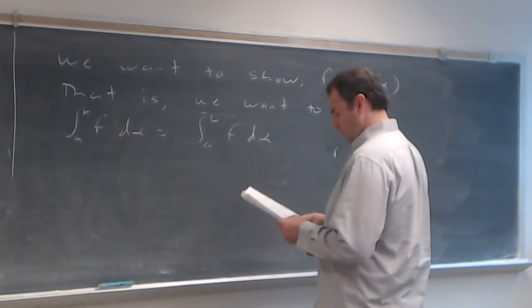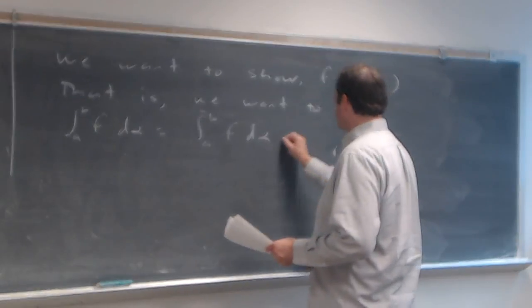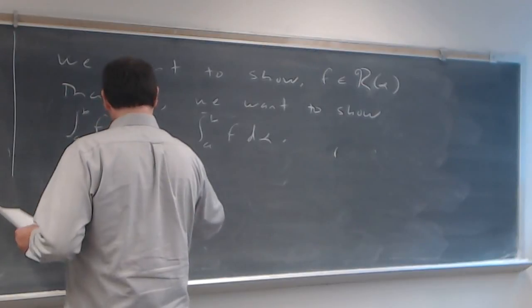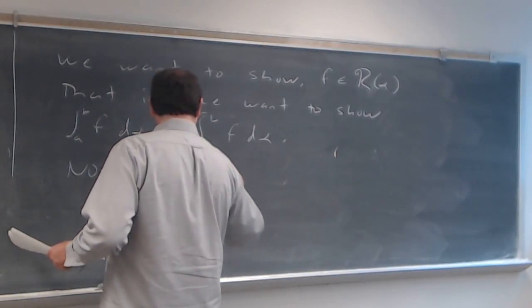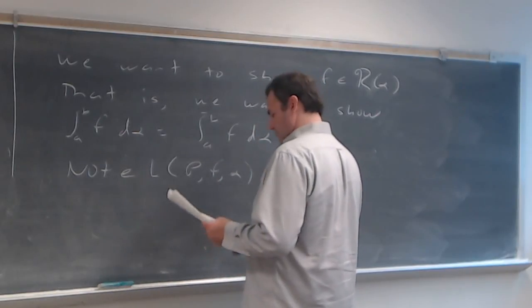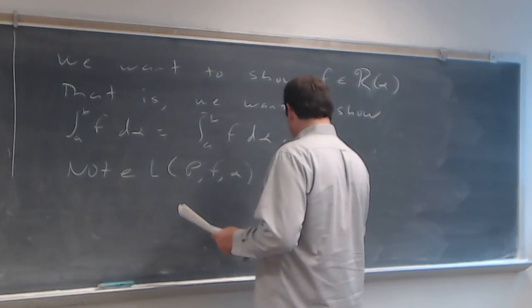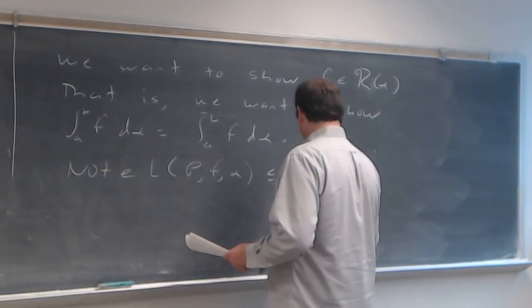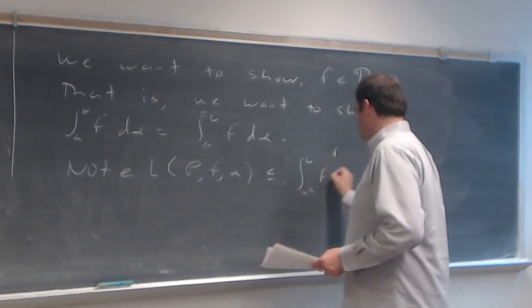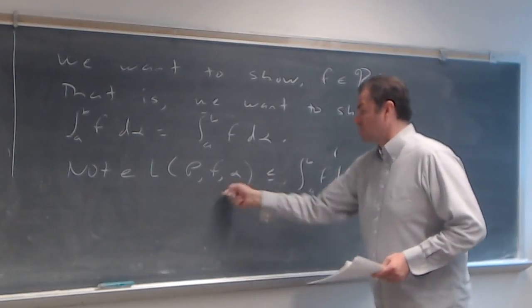All right, well, note, this is kind of easy, that the lower Riemann-Stieltjes sum with P is going to be less than or equal to the lower Riemann-Stieltjes integral. Why? Because this is the supremum of all of these.